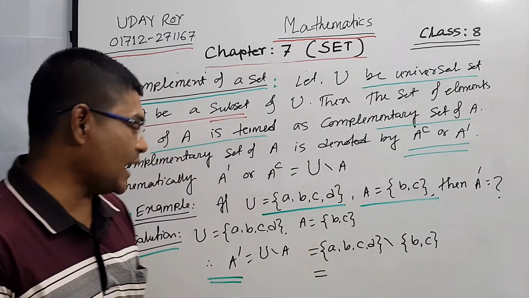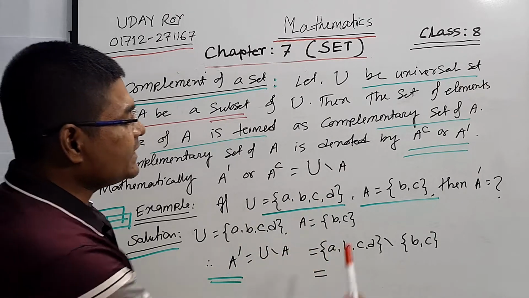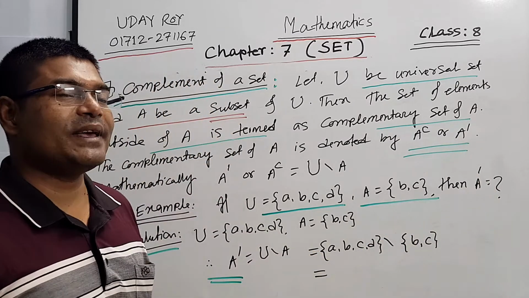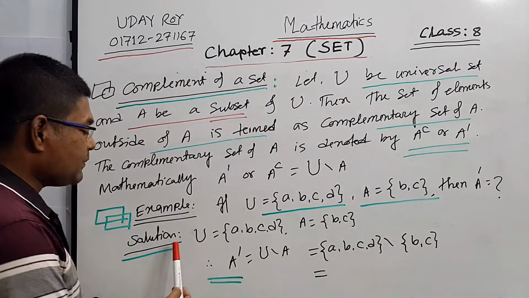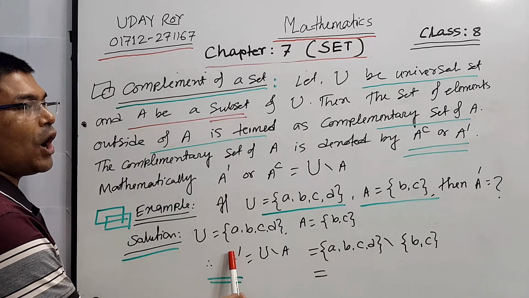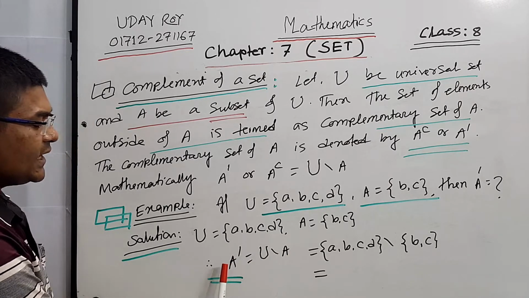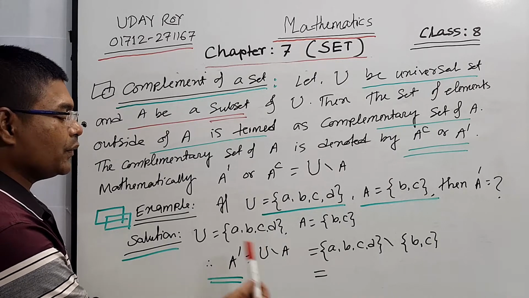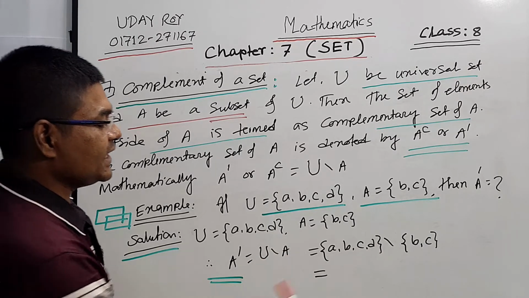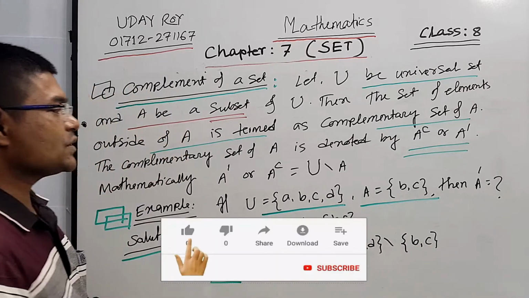Let's come back to the example. Here is universal set equal to A, B, C and D, and set A equal to B and C. Then complement of A or A dash equal to, at first you have to write the given universal set and A. So mathematical rule, complement of A or A dash equals universal set difference of A. Here the elements of universal set are A, B, C, D. Then difference, and here A is B and C. So this is the outside.